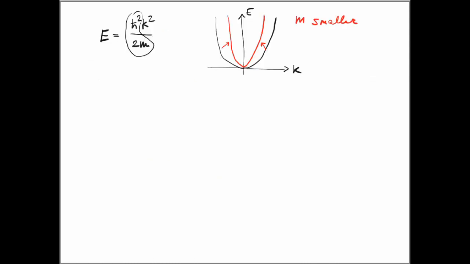Please remember that the effective mass is related to the curvature of our parabolic band. If you remember, in the parabolic band approximation, the energy of our electrons in that specific band is given by this formula here. The curvature of this parabola is given by this term here, h bar squared over 2m.